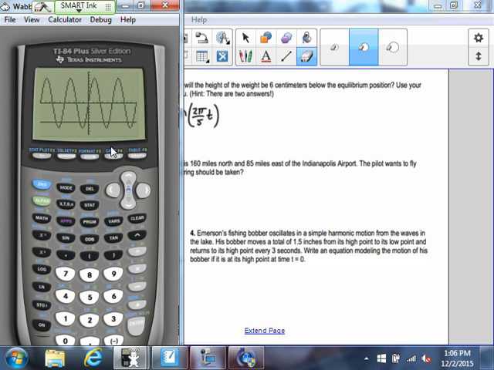Yeah. 2 pi over 5x. So you need an x in there as well. I did 2 pi x over 5 to make it easier. And you highlighted it here? Yeah. So I'll do that in a second.